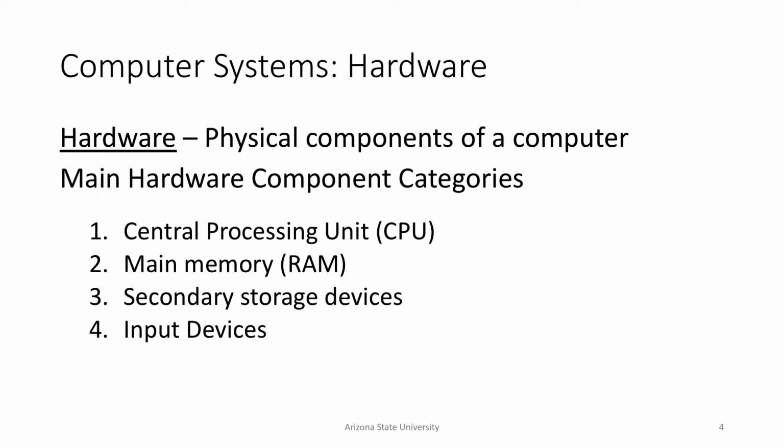Anything where the input comes from somewhere outside the computer into the computer, into either secondary storage, main memory, or the CPU, those are input devices. But as you might expect, there are output devices too. An output device is the display itself, or maybe it sends a connection out to somewhere else, that sort of thing. Any questions on hardware?